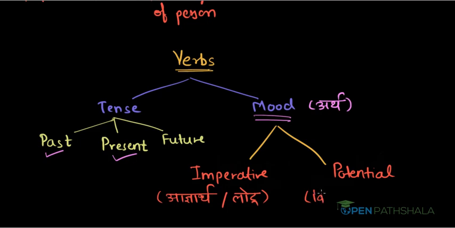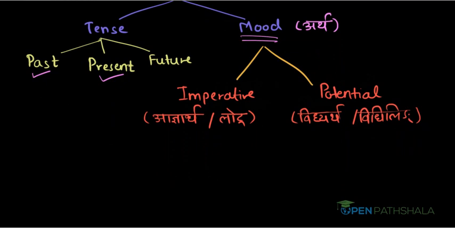It is called vidhyartha or vidhiling. Now these terms adnyartha, lot, vidhyartha, vidhiling are all technical. You may just remember imperative and potential. So this mood is of two types, imperative and potential.